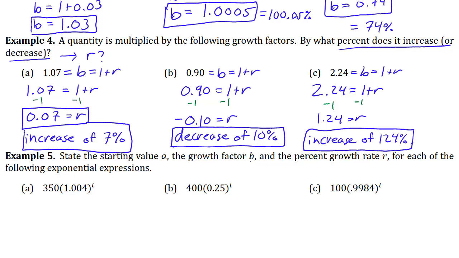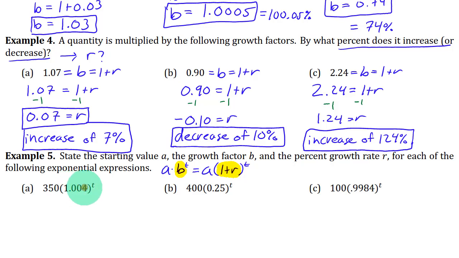We can think of an exponential function as a times b to the t, or as a times 1 plus r to the t. And this section is all about the relationship between the b and the 1 plus r. So right now this looks like b to the t, like it's not written as addition here.